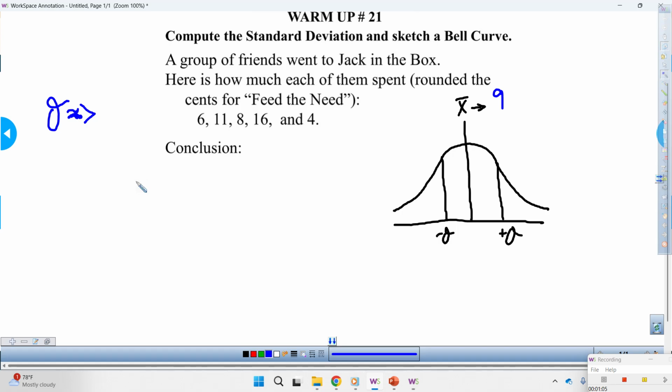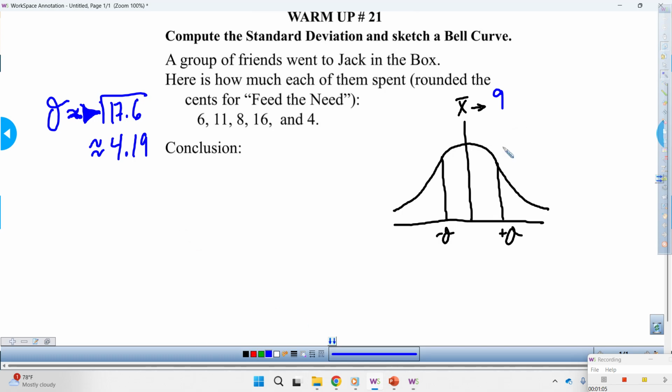All right, let's go with Sam, standard deviation. 17.6. Square rooted. So therefore, the square root of 17.6 is about 4 point something. Approximately 4.19. All right, I'll take that.